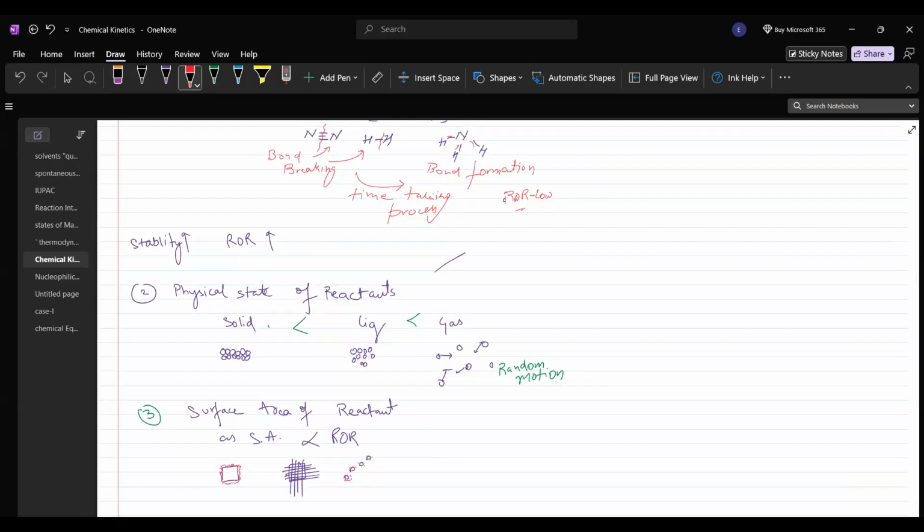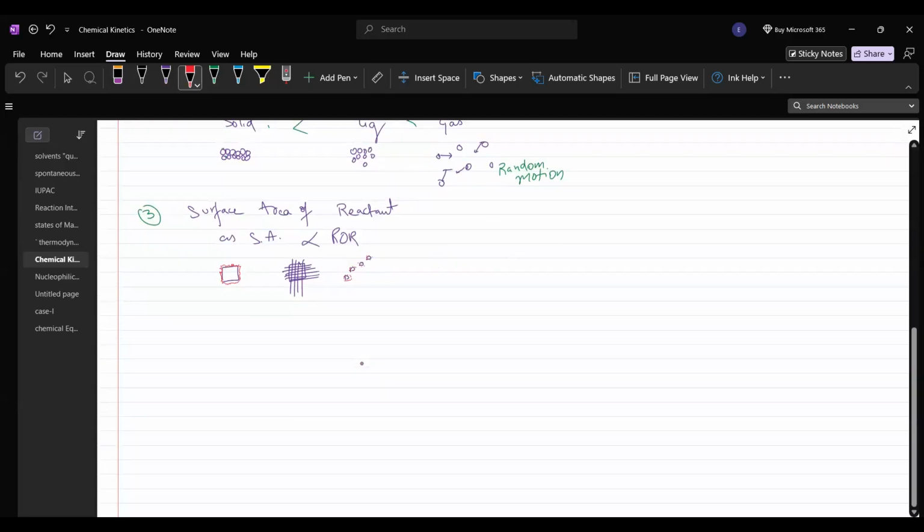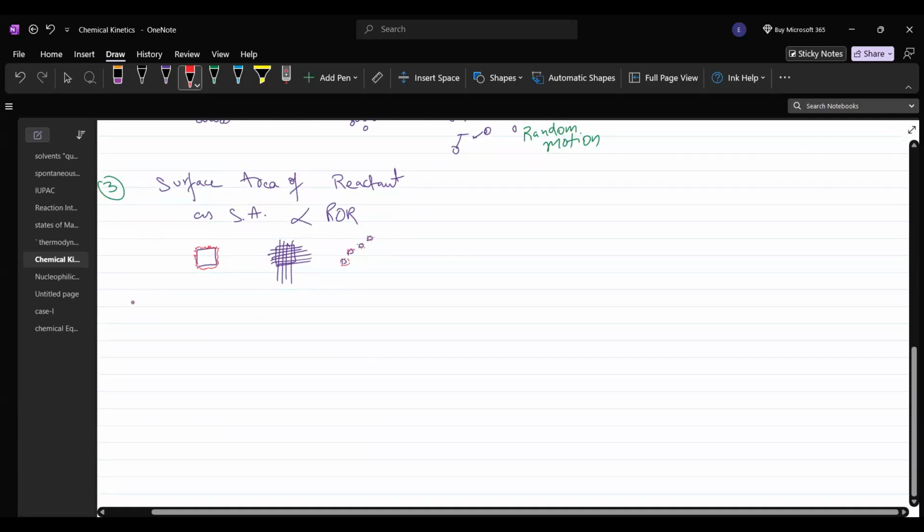Okay, so let's see the fourth point, which is not much popular, but you have to know this also, that since some reactions are photochemical reactions, intensity of light.